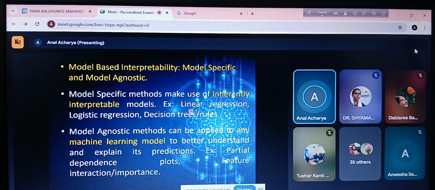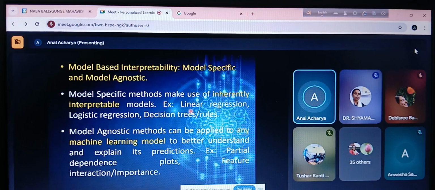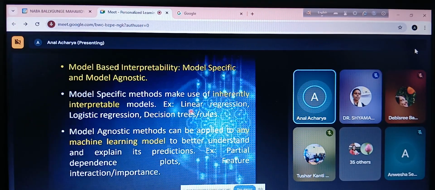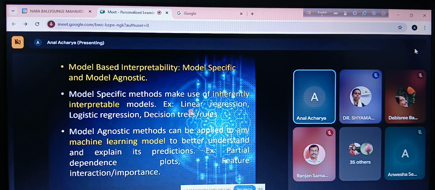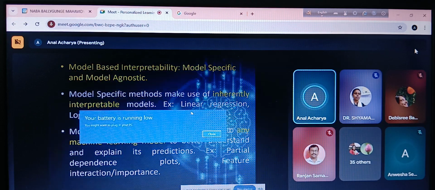Linear regression may be used. I have given an example of regression earlier. Let us say the values of x are 1, 2, 3, 4 and the corresponding values of y are 2, 4, 6, 8. So what is the relation? The relation is y equal to 2x. Okay.